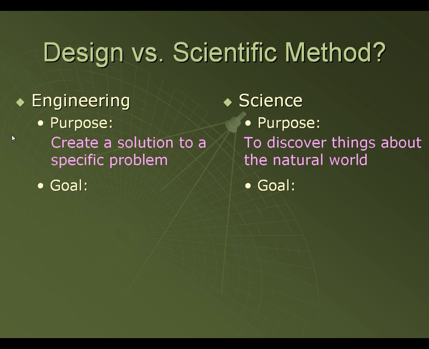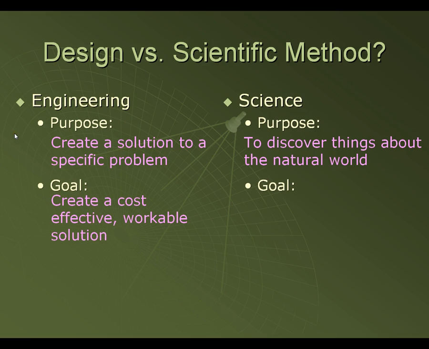In science, the purpose is generally just to discover things, generally about the natural world. So it could be physics and how things move and how gravity affects things. It could be biology, from why do animals hibernate and what happens with their metabolic rates during hibernation. It's just sort of to discover things.